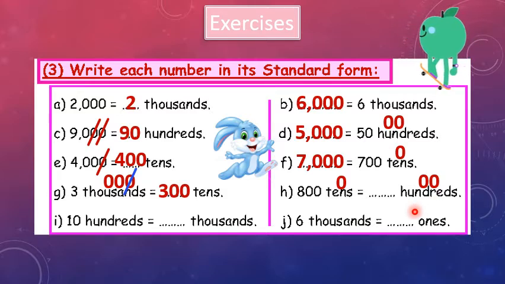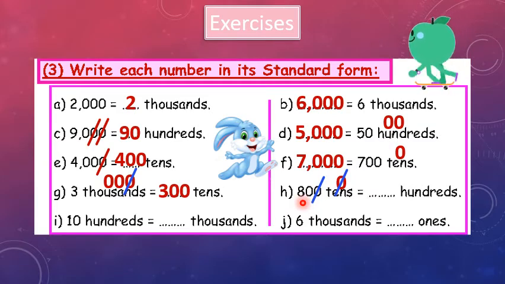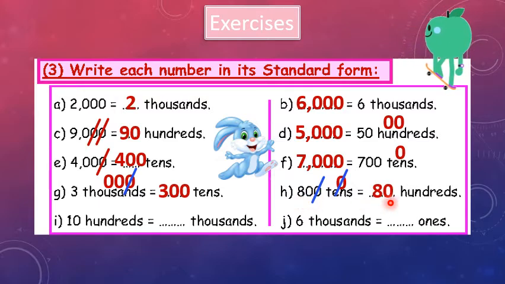Then let's go to cancel this number of zeros by this number of zeros. How many zero will be cancelled? Yes, 2 zeros only. 1, 2. Then the rest will be how many zero here beside 8? It will be 1 0 only, then it will be 80 hundreds. Let's go here.